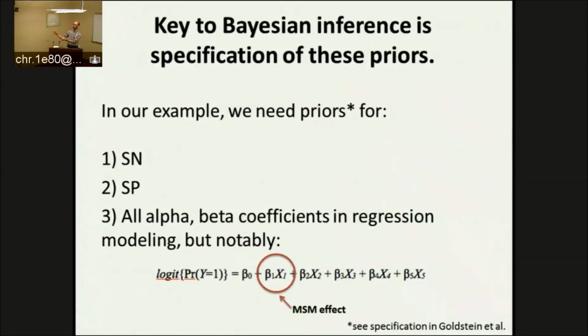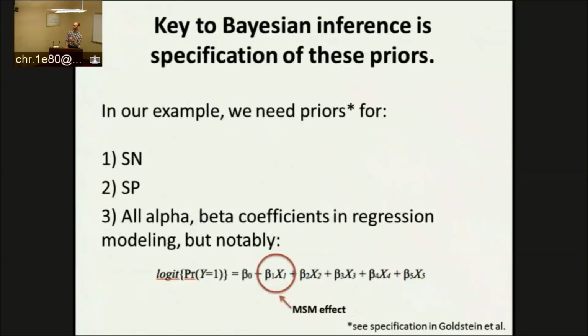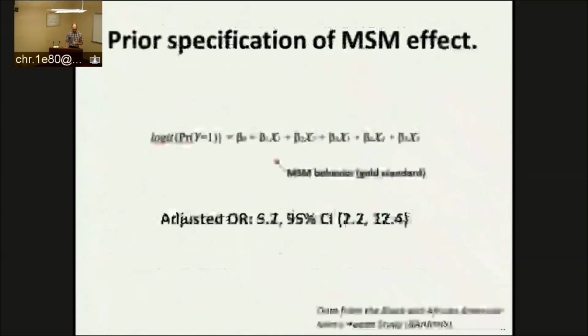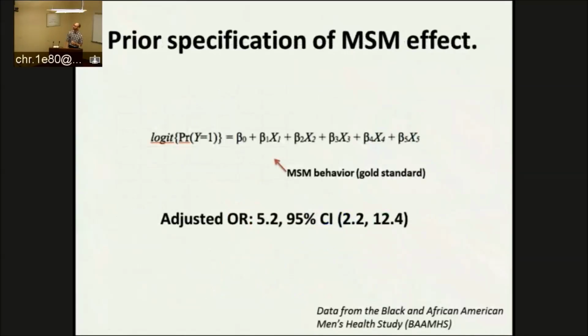So we have this source now for the priors, and we can apply this in the Bayesian analysis by taking these numbers and making distributions out of them. Then we sample from these distributions in the simulation. We do that tens of thousands of times, and we end up with a corrected odds ratio, and we also end up with a confidence interval around that.